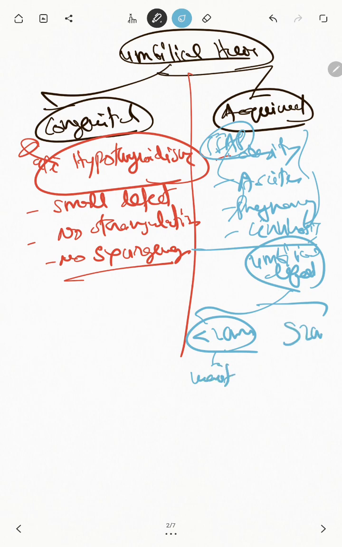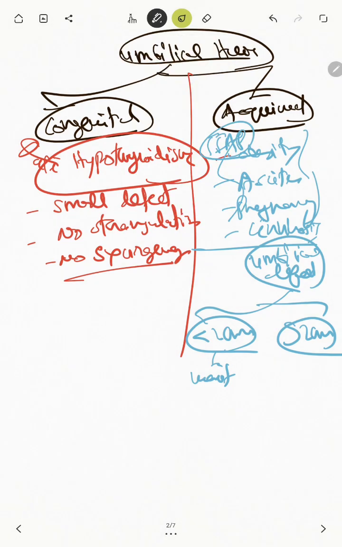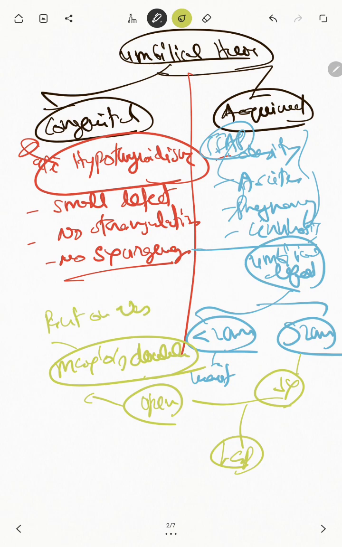If it is more than 2 centimeter, then there is the risk of strangulation, so we go for surgery. Either you can go for open or lap. In open we go for Mayo's double breasting, which is nothing but like a Pantaloon vest repair, or you can do a simple anatomical repair.